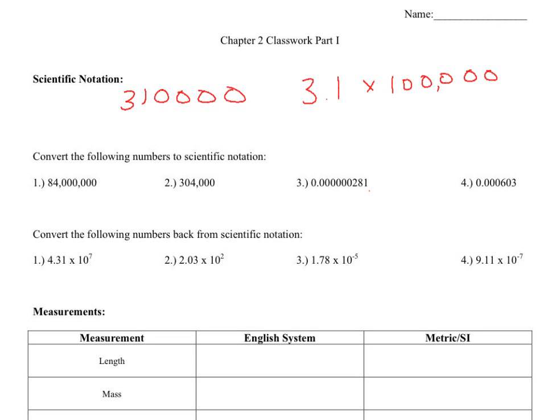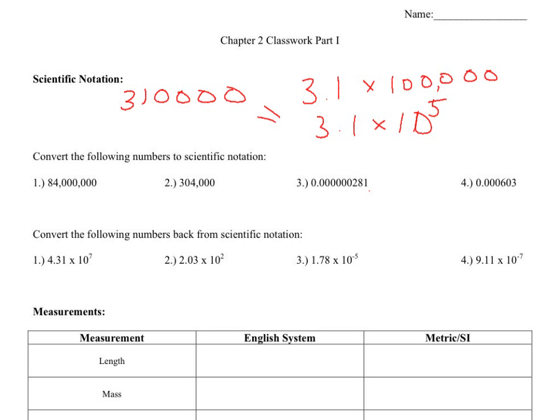Also, 100,000 is the same as 10 to the 5th. And so this number 310,000 is identical to 3.1 times 10 to the 5th.